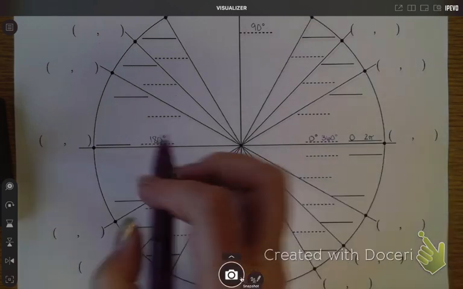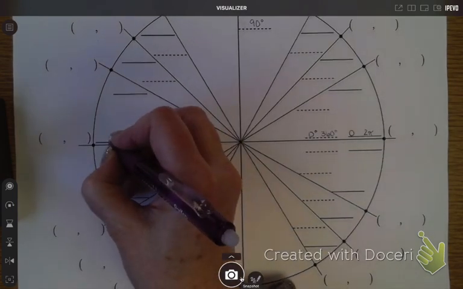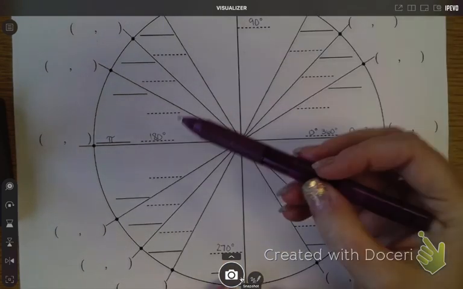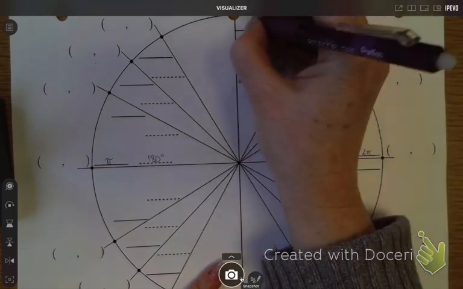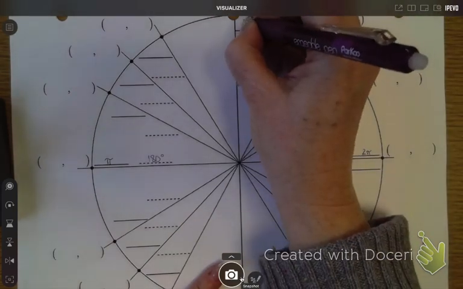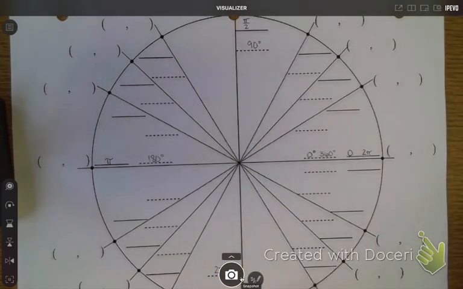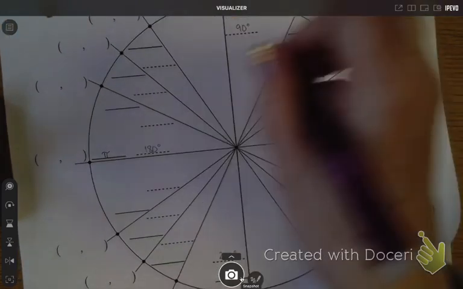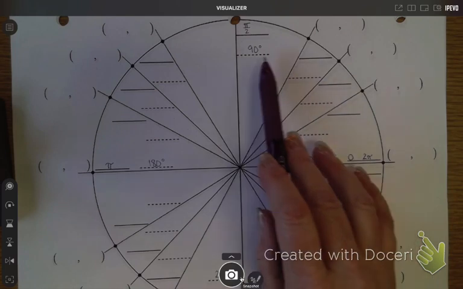So in half of a revolution, there's pi, because it's half, right? Well, what would 90 degrees be then? Half of pi, so pi over 2. We're doing radians without even using the formula. Every angle on here, you should not be using the formula. So now we got half pieces.